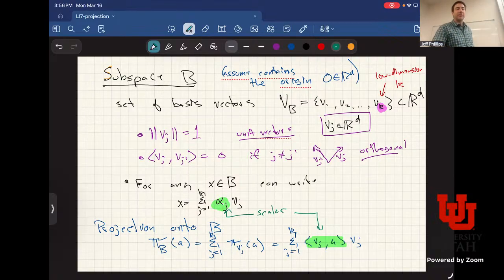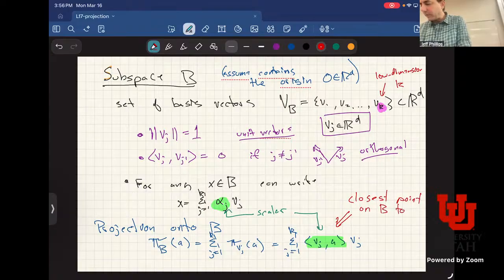If X lives in the basis, then the projection gives me the closest point on B to the input A. So if I take this input point A, I want to find the closest point on the subspace to it, and I can do it by just applying these dot products on each of the basis vectors, assuming I have a basis for the subspace.